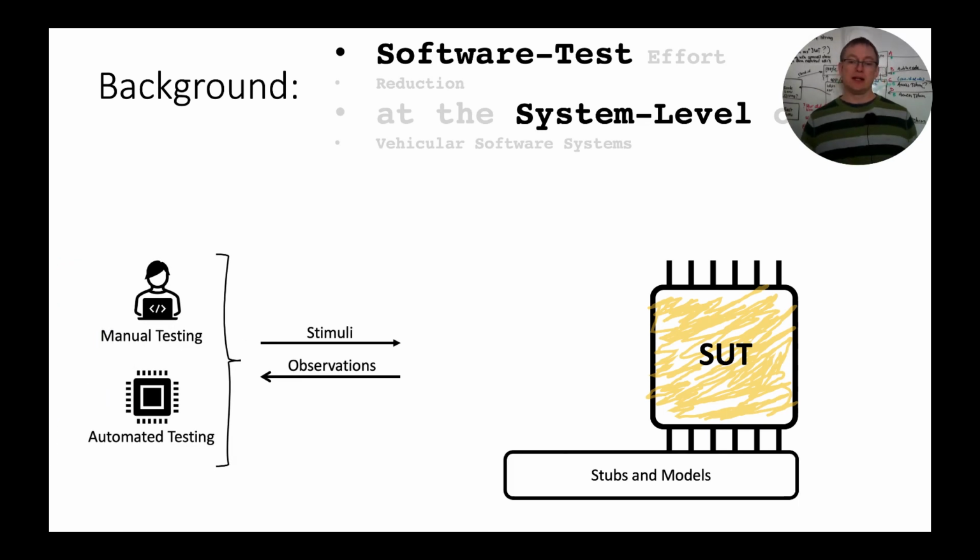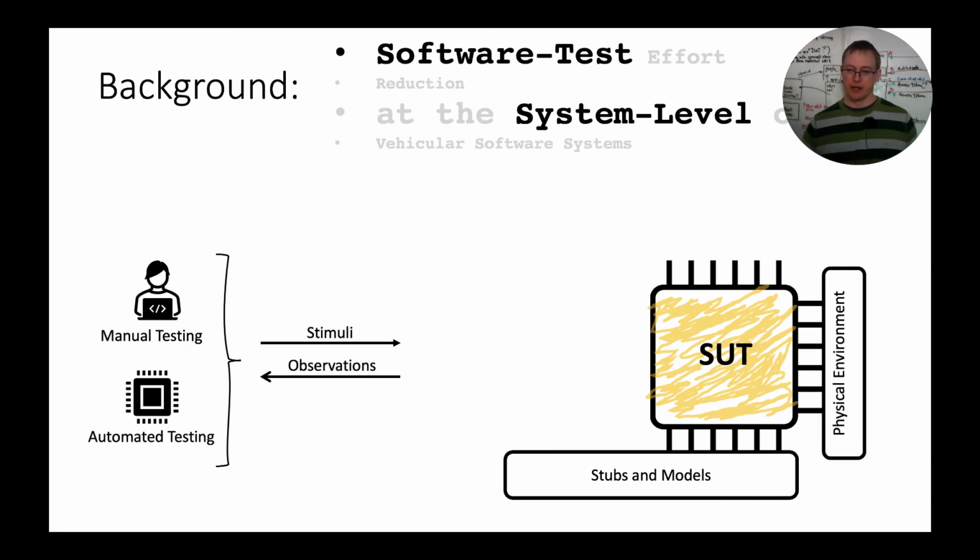What we need to have are stubs and models of the other parts of the system that are not already implemented. And also, here is the big difference. Typically at the system level, we interact with the physical environment. This could also be a model of the physical environment.